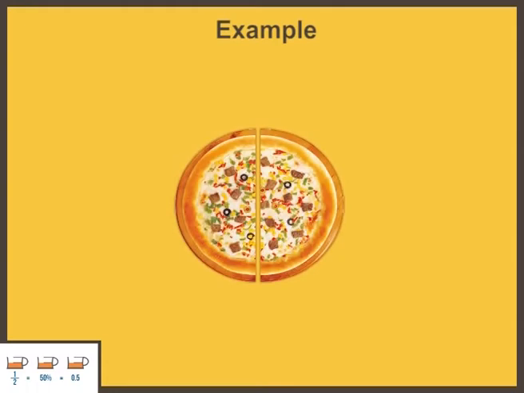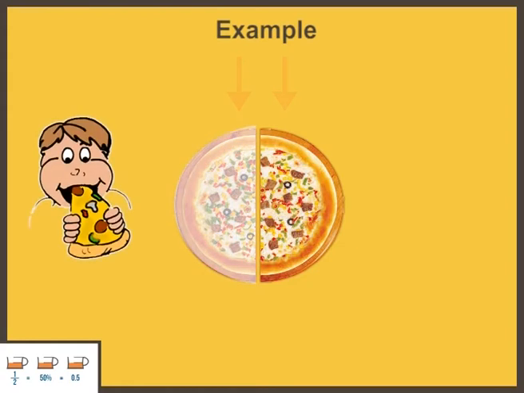Suppose you have a pizza and you have divided it in 2 equal parts. Then you eat one part of the pizza out of 2 equal parts. How much pizza have you eaten? You have eaten half of the pizza, and the fraction is represented as 1/2. That is, you have eaten one part out of 2 equal parts.